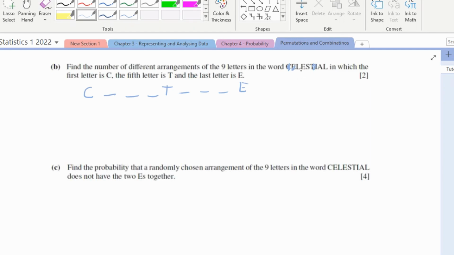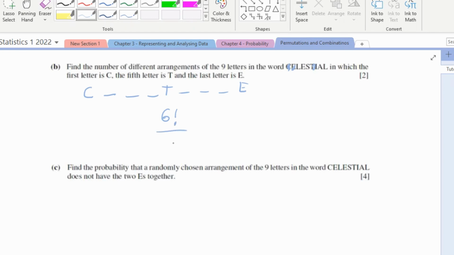And we've got 1, 2, 3, 4, 5, 6 spaces to fill. And we've got how many different letters? We've got our 6 different letters. L-E-S-I-A-L is left. Okay, so there's 6 different letters.